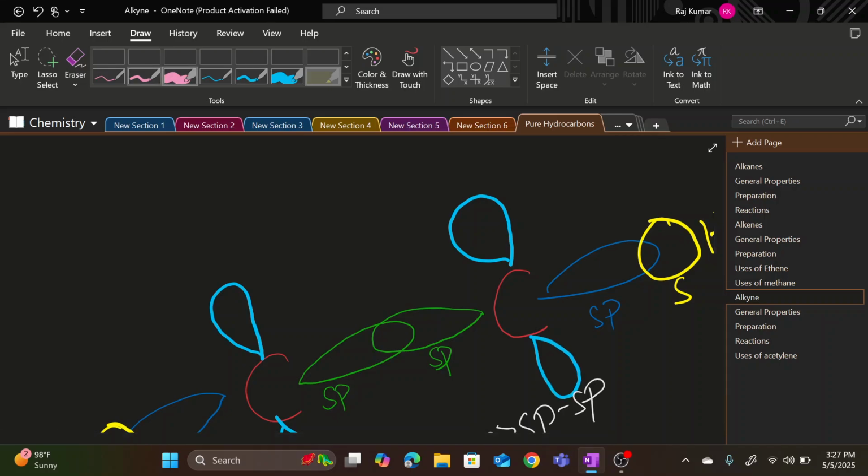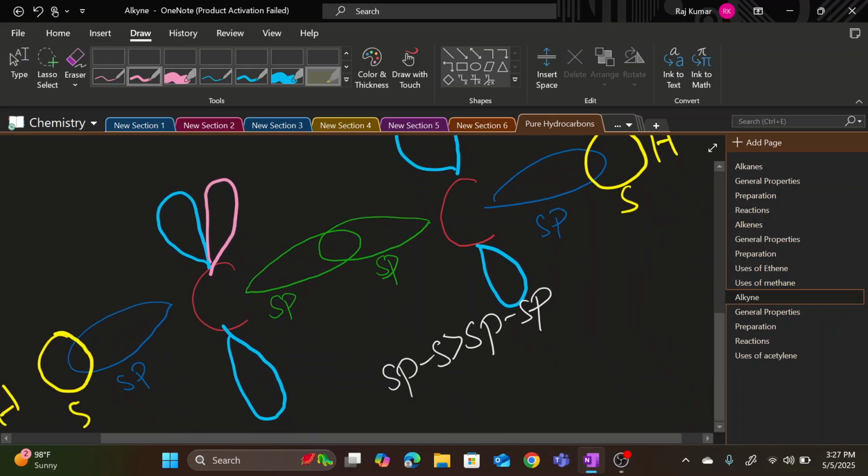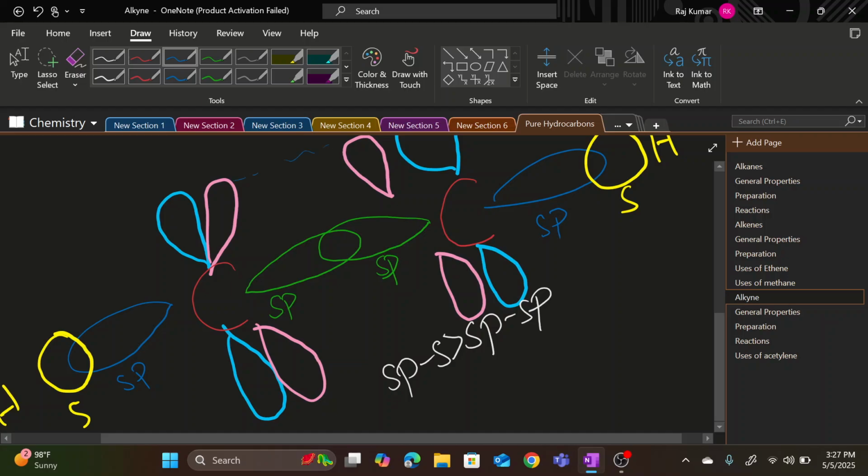Let me draw another p orbital. So these p orbitals form the pi bonds. They form the pi bond.